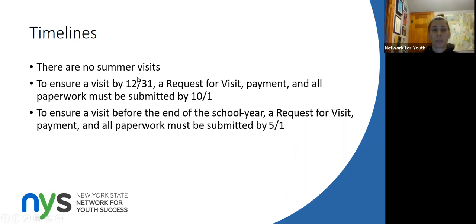This is the one when you submit by 11/1 where it gets a little bit tricky, because if they have EIP vouchers, the EIP voucher needs to be used by 12/31. So if they don't get that request for a visit form in by 11/1, chances are they won't get a visit before 12/31, and then they'll have to reapply for EIP.